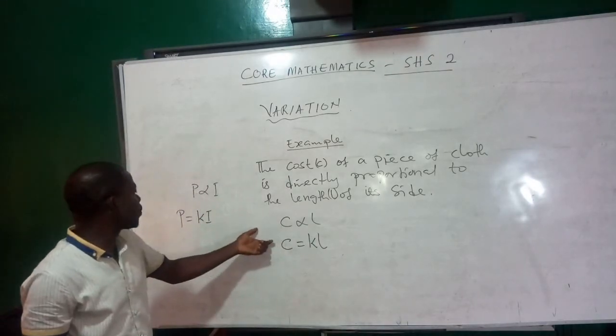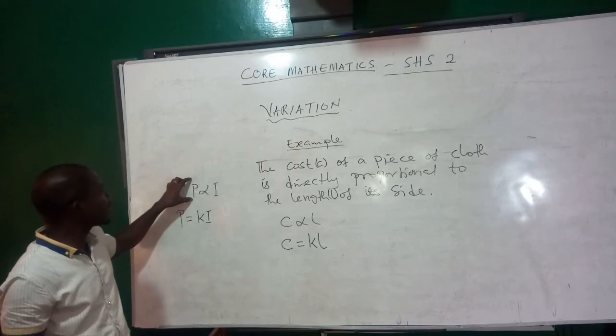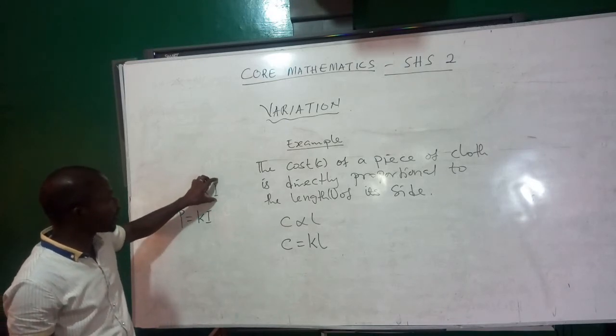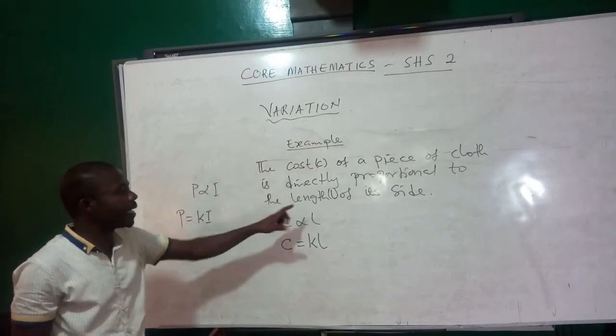We've written two examples here. The first one is the principal and the interest, and this is the cost and the length.